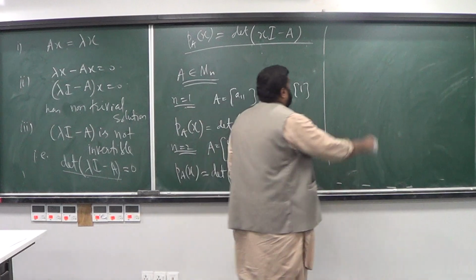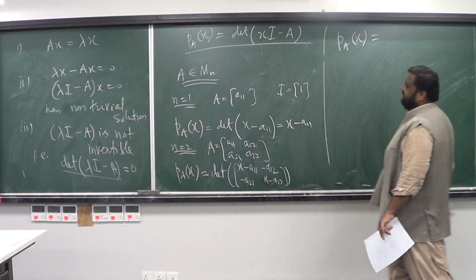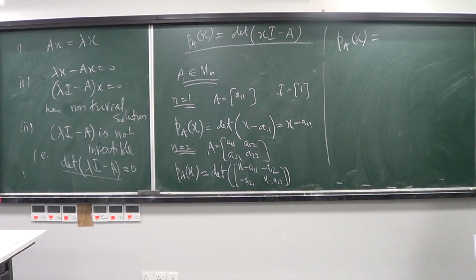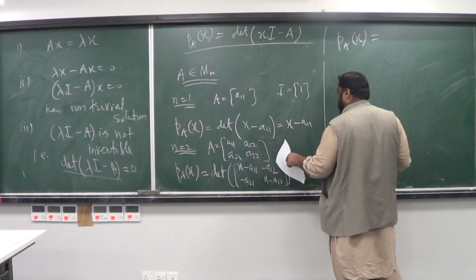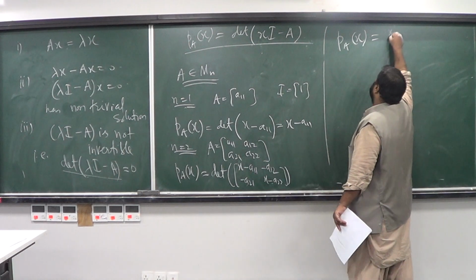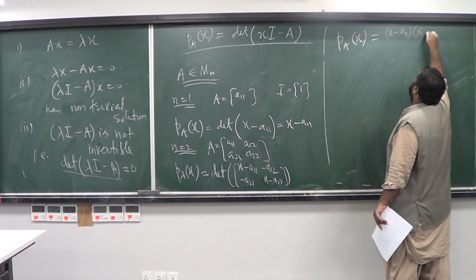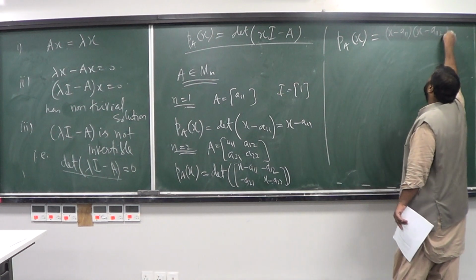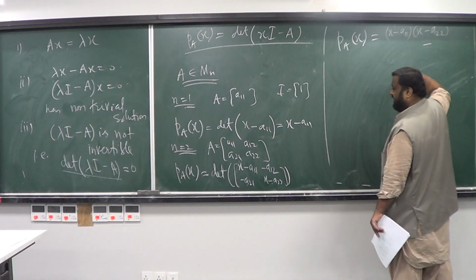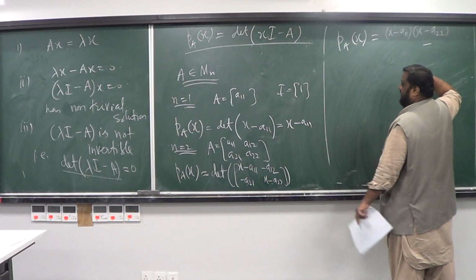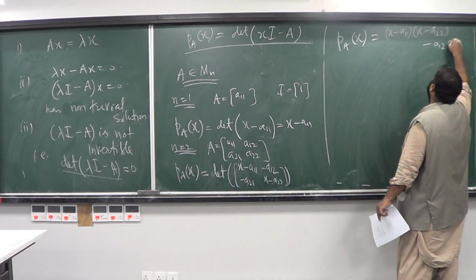If you calculate P_A of x, this would be this multiplied by this. So it is going to be x minus A11 multiplied by x minus A22, minus A12 and A21.